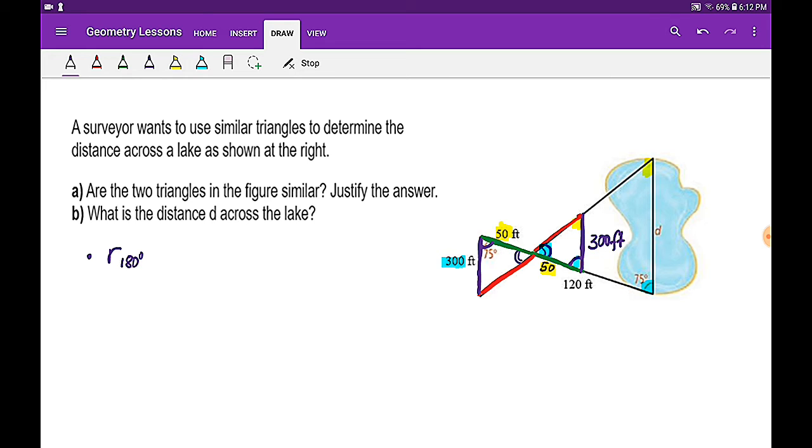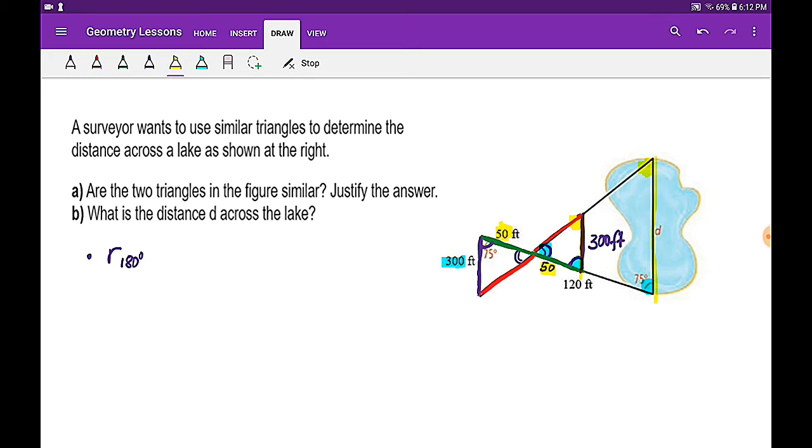The answer is yes. Seems to me that since this angle right here, which we color coded, is congruent to this angle, and also this angle is congruent to that angle, this side is parallel to this side.